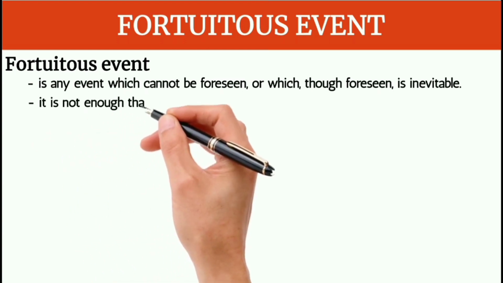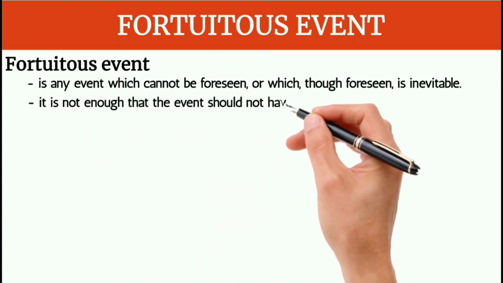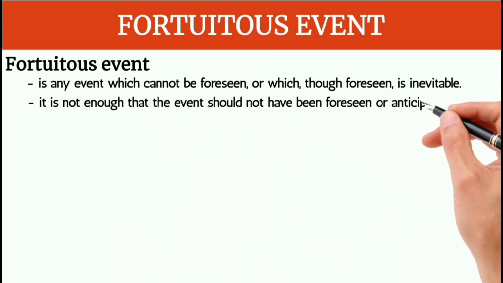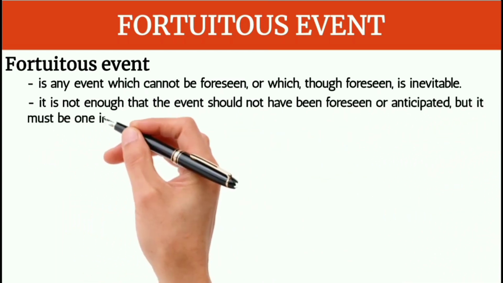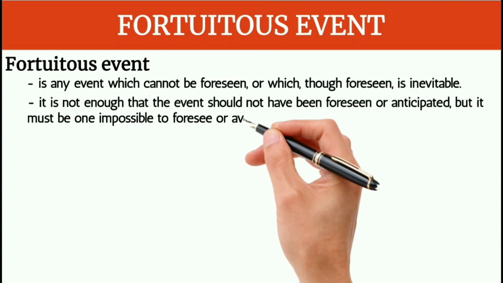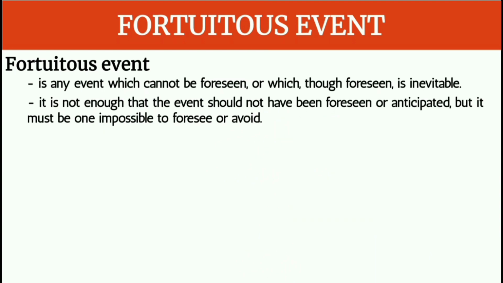Take note, it is not enough that the event should not have been foreseen or anticipated, but it must be one impossible to foresee or avoid. Take note of the phrase impossible to foresee or avoid. Kasi hindi enough na mahirap i-foresee or i-predict yung event. Dapat impossible to foresee or avoid.